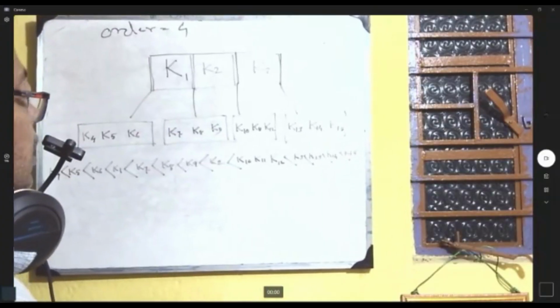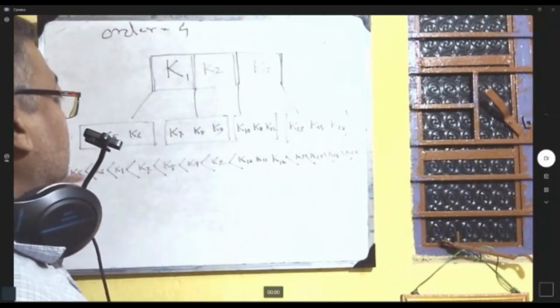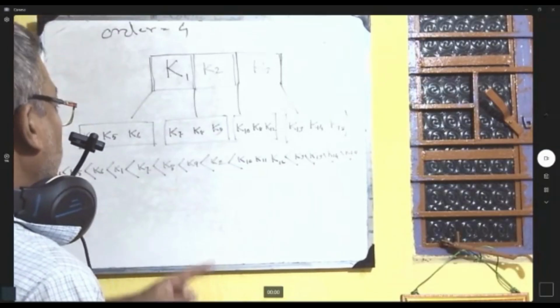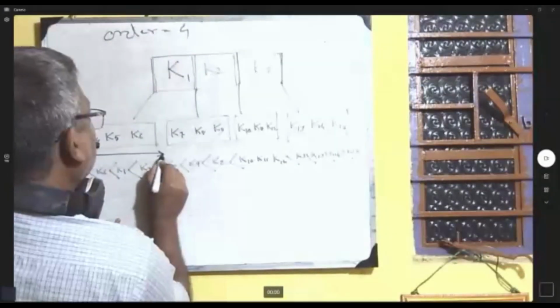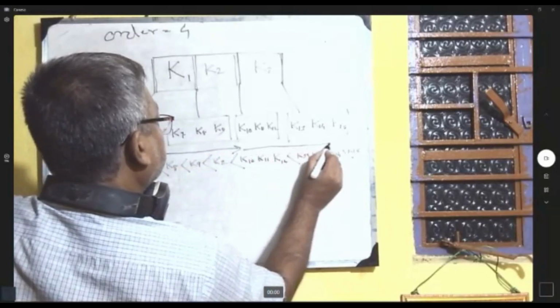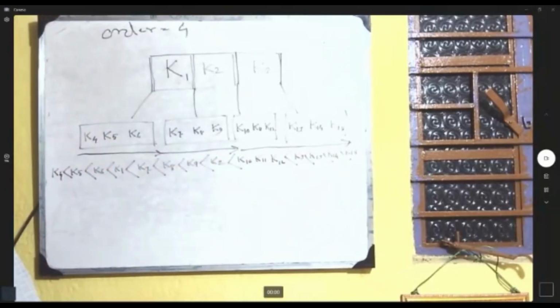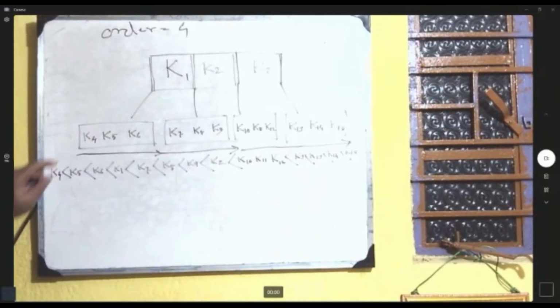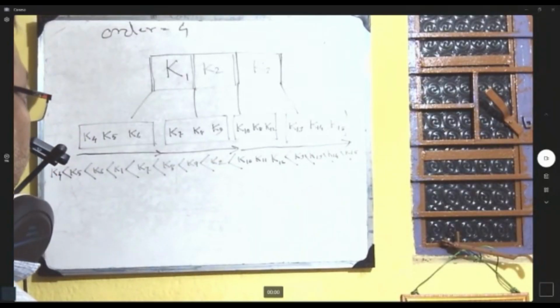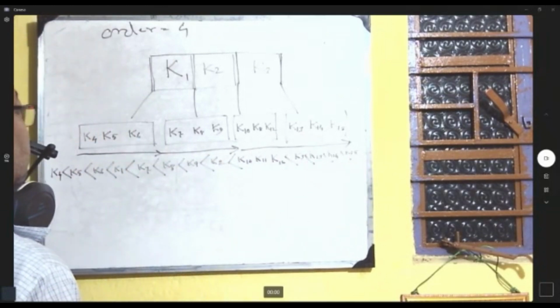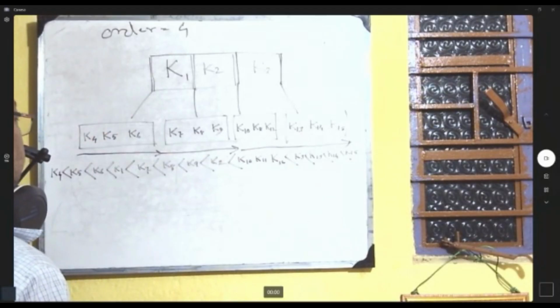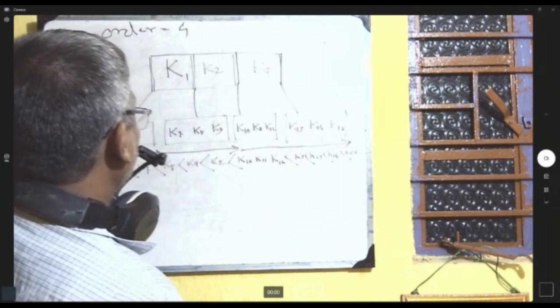This is the arrangement: from left to right the value is increasing, and from right to left it is decreasing. So the leftmost key of any node shows the least value, and the rightmost key shows the biggest value. This is the flow of values in the B-tree.